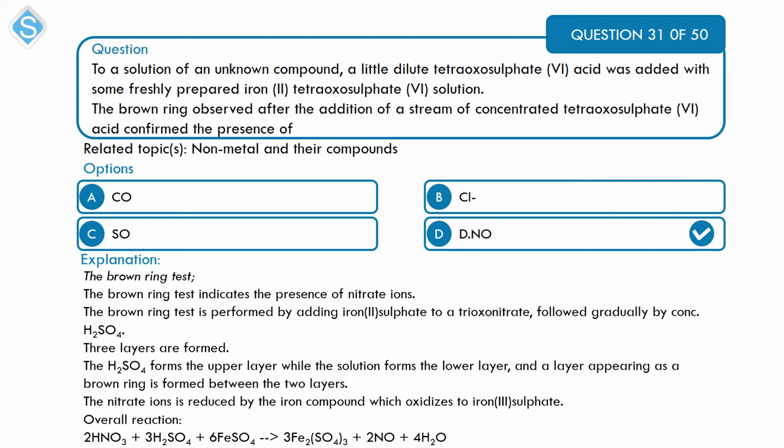Iron 2 sulfate is added to the trioxonitrate, followed by the addition of concentrated tetraoxosulfate 6 acid. The resulting solution is going to have 3 layers. The middle layer that appears as a brown ring is the layer where you have the nitrate ion.